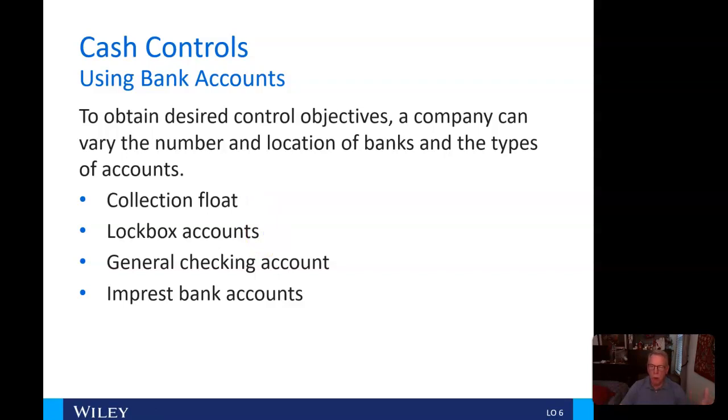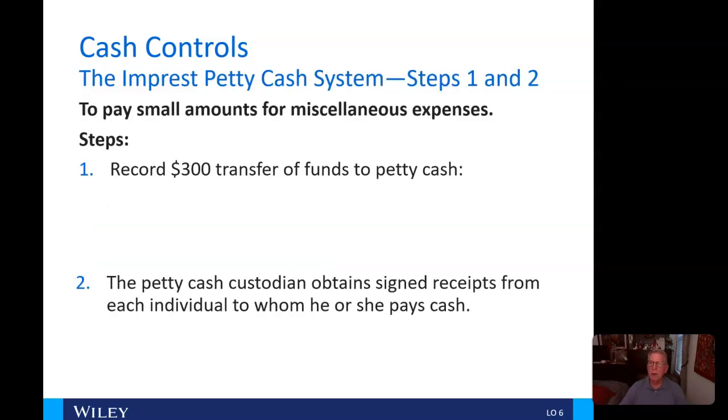If you don't know what those are, that means that the bank is collecting receivables for us instead of the customer sending those payments to us, and then we put them in a deposit and send it over to the bank. It goes directly to the bank. A great help in a bigger company. General checking accounts and imprest bank accounts. Let's take a look at those.